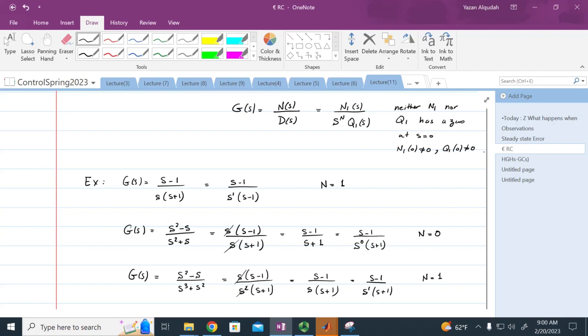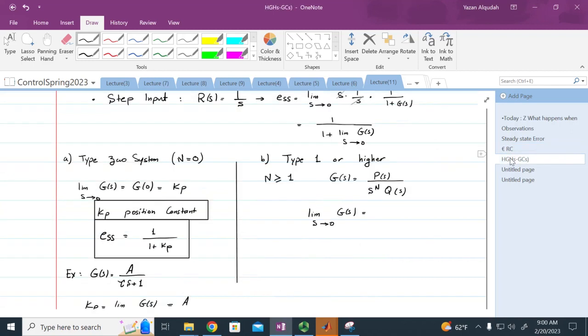Anybody with me? Anybody confused? The only way I can have P of S or Q of S equal to 0 when S equals 0 is if I have S multiplying a polynomial, isn't it? The only way this P of S is going to equal 0 is if there's an S or S to a factor that multiplies the polynomial.